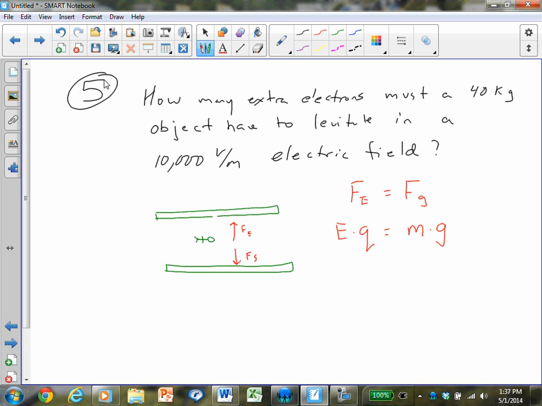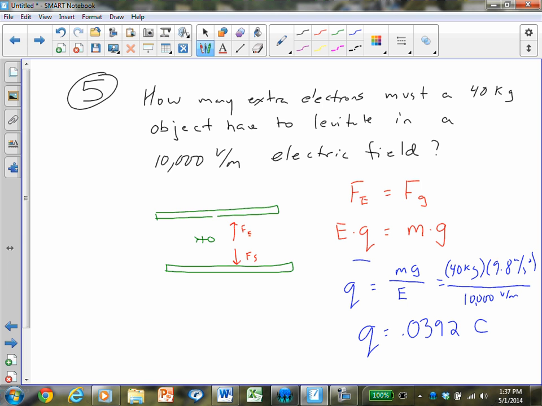The first thing we're going to do is find this Q, because if we have Q, then we can solve for the number of extra electrons from the charge. The mass is 40 kilograms, g is 9.8, and E is 10,000. A volt per meter is also a joule per coulomb per meter, so we'll be left with coulombs. So Q is 0.0392 coulombs.